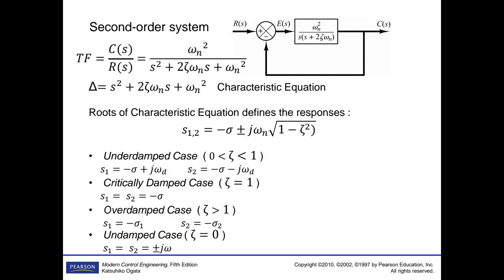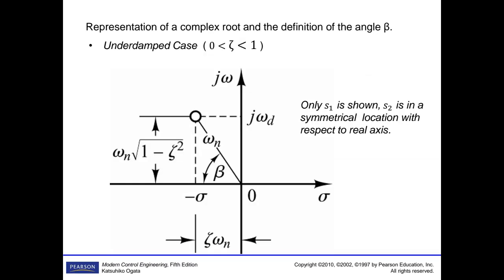Also the relationship between those: omega d, that's a pole, and sigma. Sigma is important. If sigma is high, settling time is getting down. Good. Cosine beta is equal to zeta.